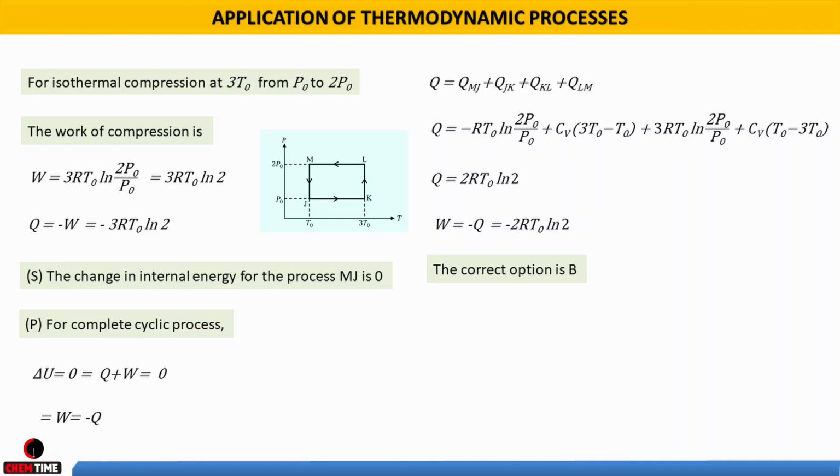The Q for the overall process includes the Q for MJ, Q for JK, Q for KL, plus Q for LM. Summing these, we get the W for the overall process.